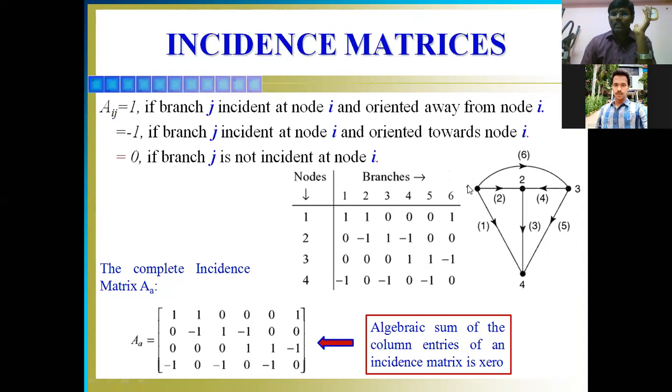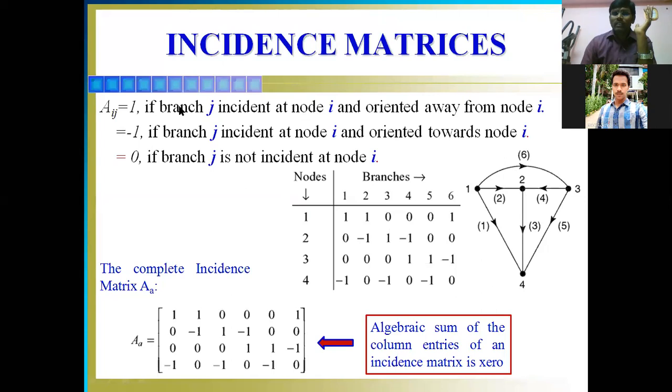Then check the orientation of the connected branches. For 1, the current is leaving from node 1. For 2, the current is also leaving from node 1. For 6, also the current is leaving from node 1. So the current flowing through these 3 branches is away from node 1.